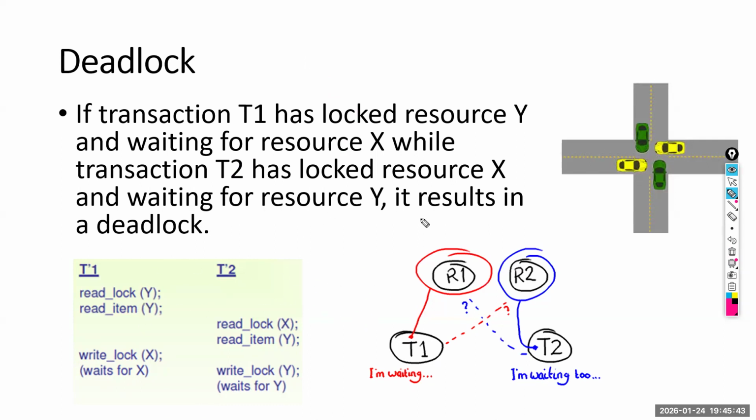So remember, say transaction one is working with A. It has locked record A. Now the next step of transaction one is to do something to B. Do you agree that it can happen?